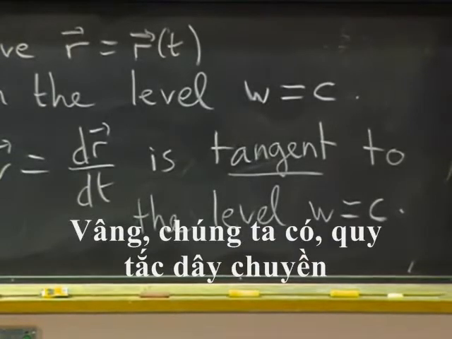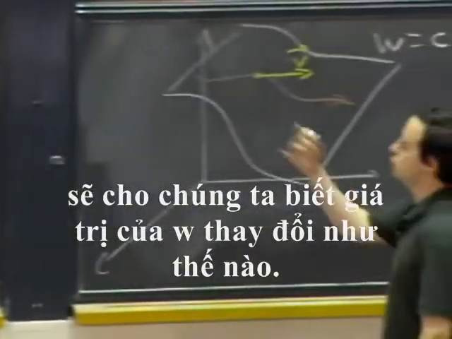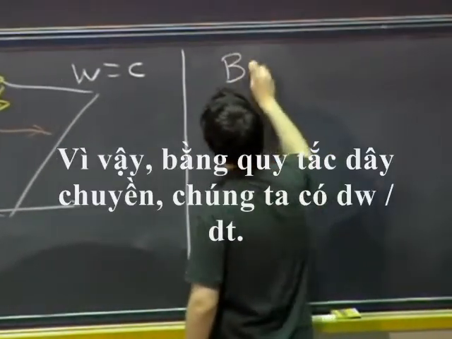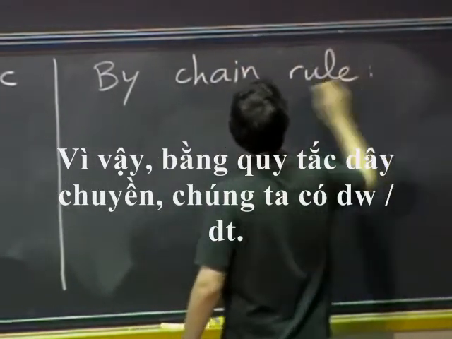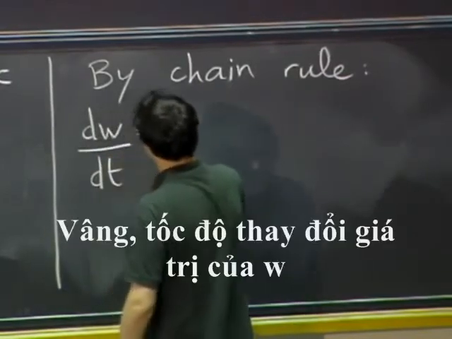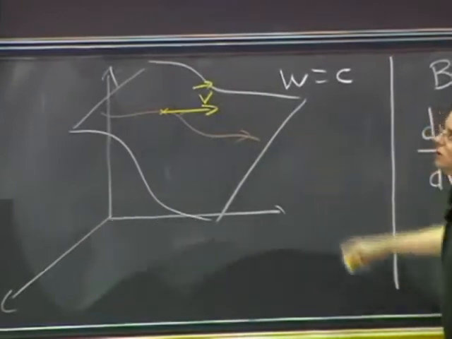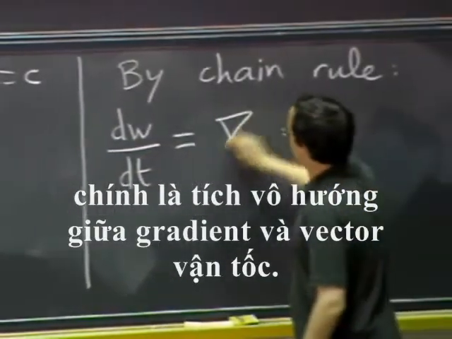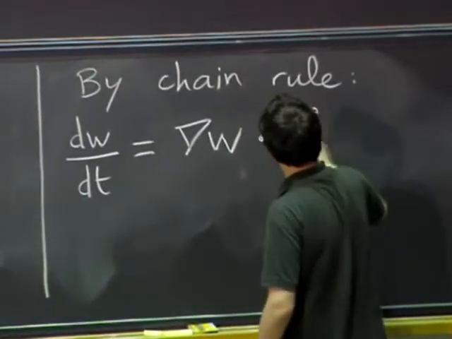Well, we have the chain rule to tell us how the value of W changes. So by the chain rule, we have dW dt. So the rate of change of the value of W as I move along this curve is given by the dot product between the gradient and the velocity vector.